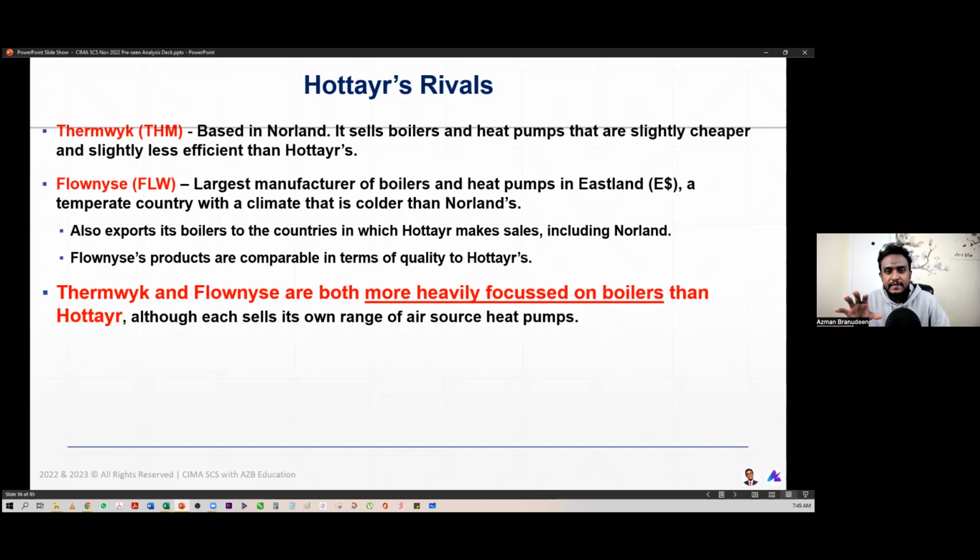And something that is common to both of these companies is that they are both more heavily focused on boilers than Hottayr. When you look at Hottayr's revenue distribution, and we will look at it when we have a look at the financials, it looks like we are doing better in heat pumps than boilers.